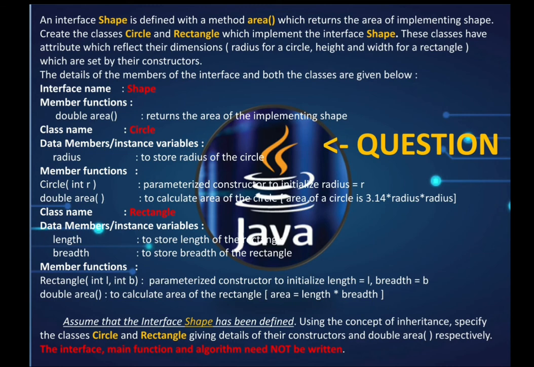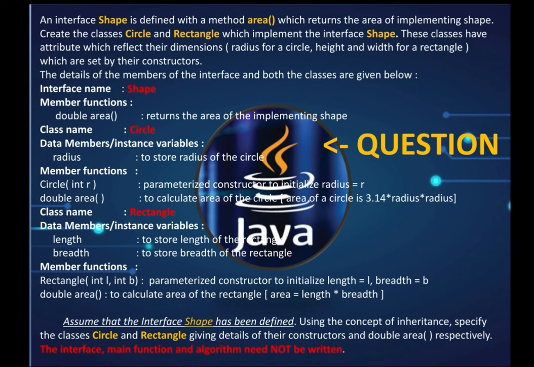We have interface name shape containing a function which is abstract, and class name we are having circle, data member is radius. We have a parameterized constructor which contains the value of radius, and we have double area function name which is a function of the interface. We have to implement the function of the interface here by providing a body to the function.